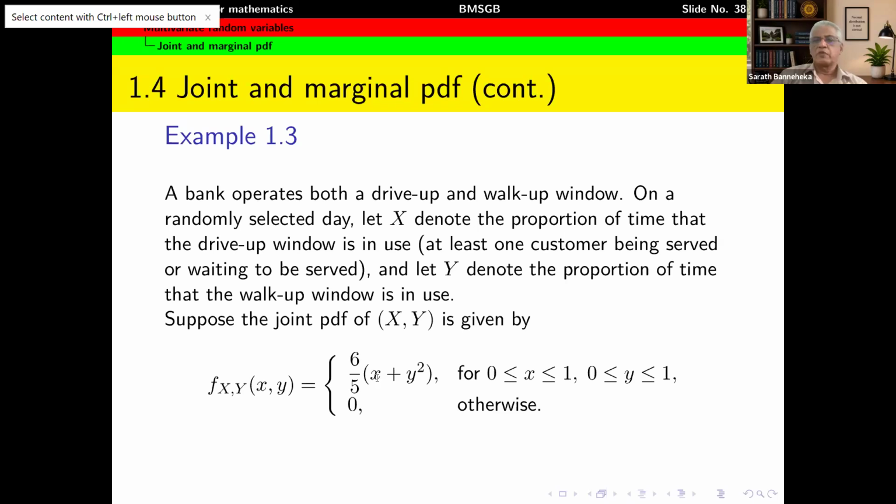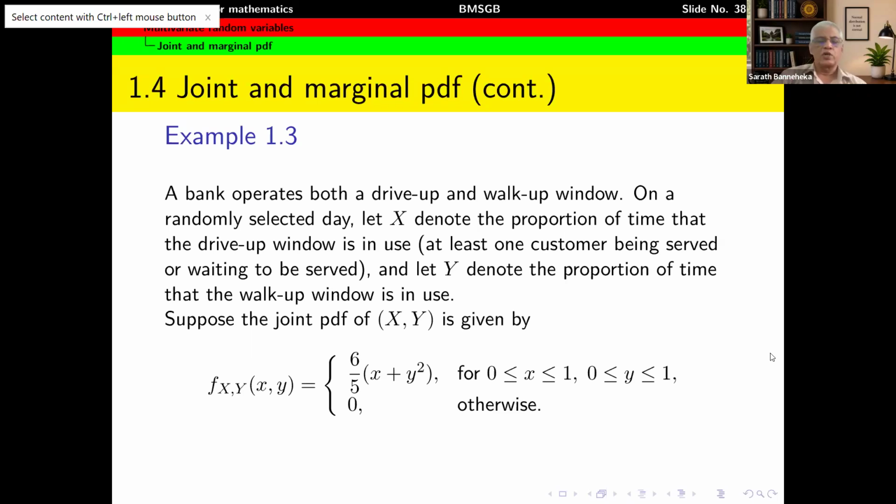I think, for example, if they regress the proportion of time against x and y, considering x and y as variables, they might be able to get this kind of expression, approximately.